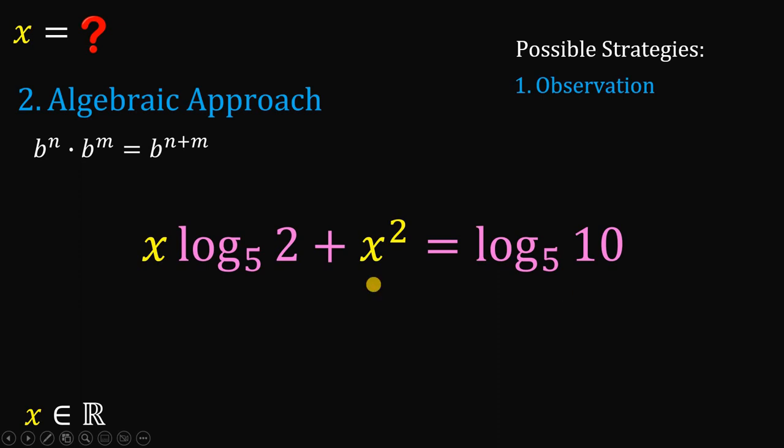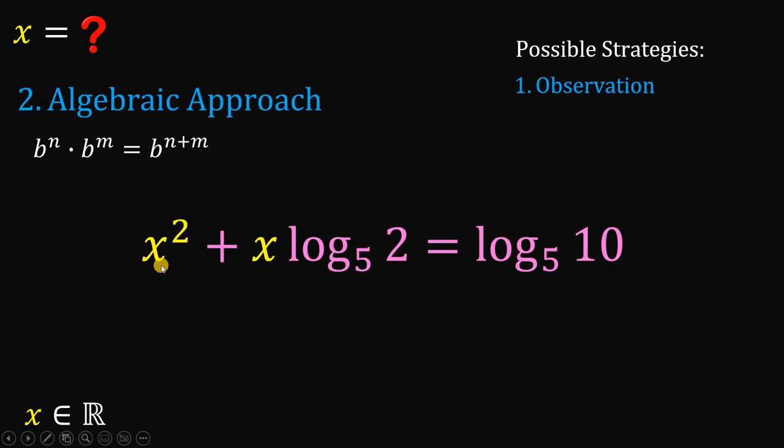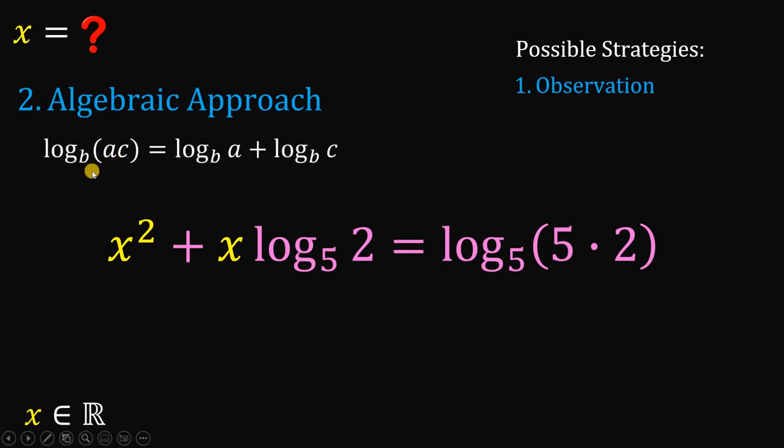Now, before we move on, let's rearrange some terms a little bit like this. So x squared is in the front. Next, this 10 is just 5 times 2. And now, we will use again some laws of logarithm. If we have logarithm of a times c to the base of b, this can be written as logarithm of a to the base of b plus logarithm of c to the base of b.